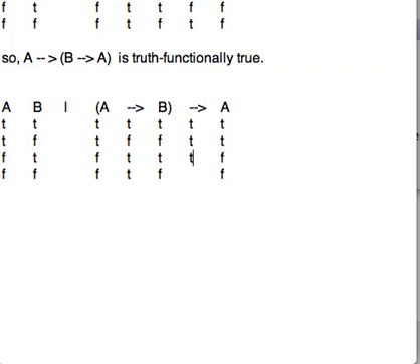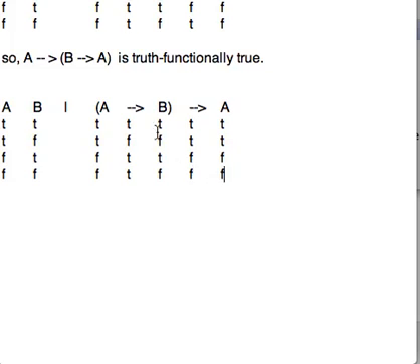Given the truth table for the material conditional, this sentence is false under this truth value assignment. Lastly, we'll look at the last truth value assignment. Here the antecedent, this whole complex sentence, is true, and again the consequent, namely A, is false. So given the semantics for the material conditional, the whole thing comes out false, sorry, not true.